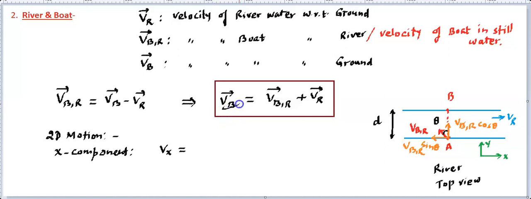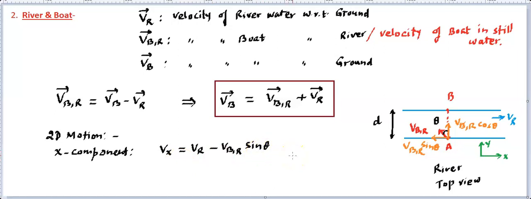We are finally talking about the velocity of the boat now. That velocity will have a component in the x direction as VR, in the positive direction, minus VBR sin theta. So that's the velocity in the x direction.